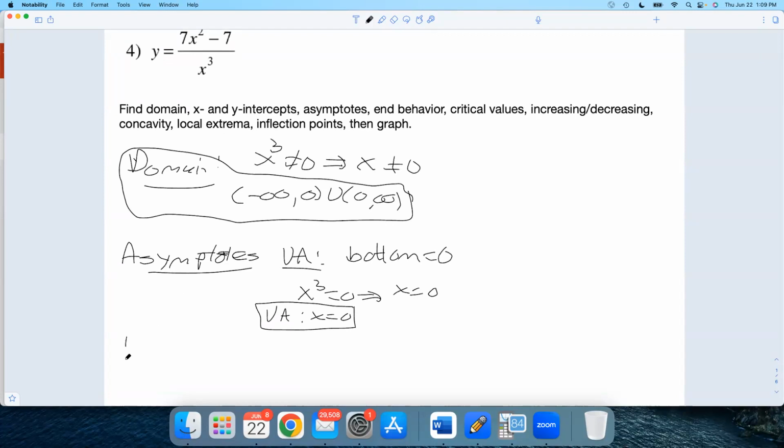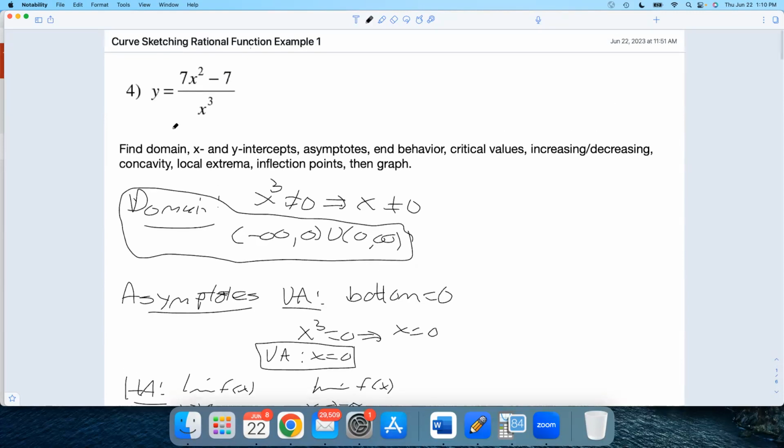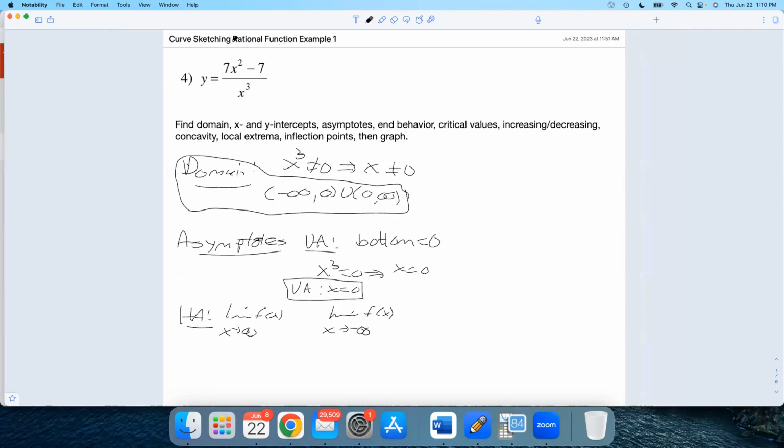Okay, what about horizontal asymptotes? Here we're looking for the limit as x approaches infinity of f of x, and the limit as x approaches negative infinity of f of x. We want our infinite limits, our limits at infinity. And here, you remember, it's a rational function. We just look at the degrees of the top and bottom.